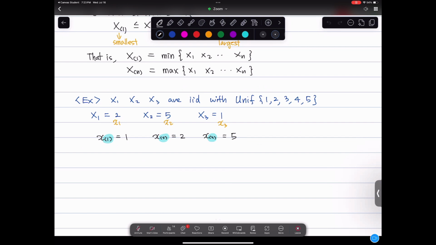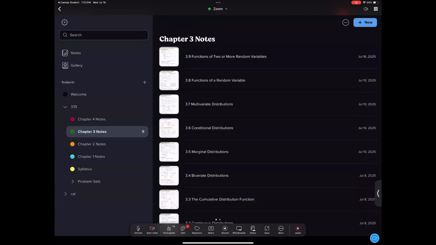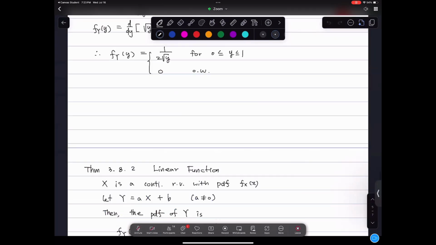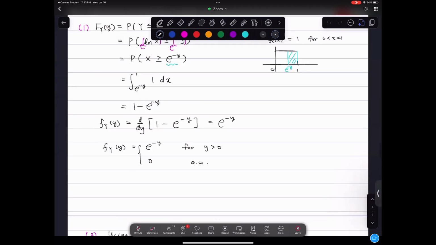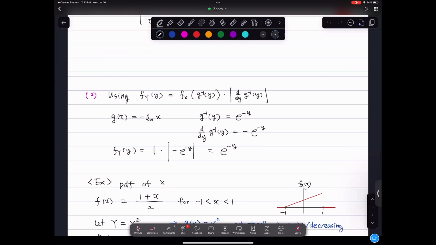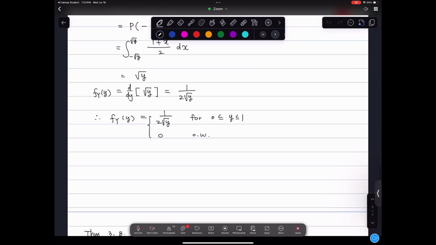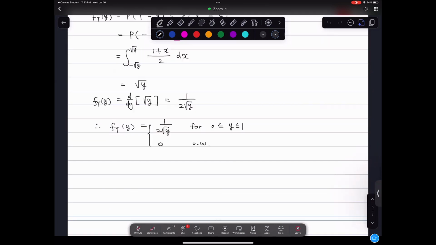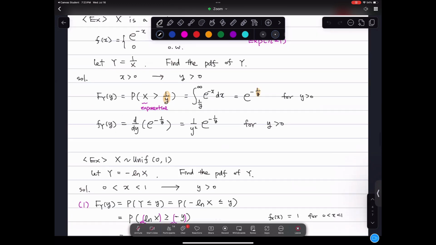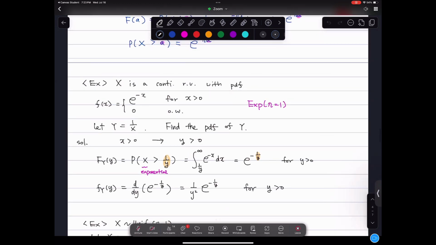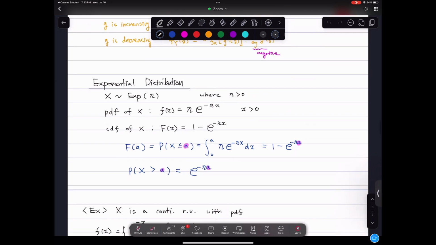You go back to the part where you had the inverse functions. The functional variables? Just the one where you were saying the marginal is equal to the CDF times the absolute value. This one? Yeah.